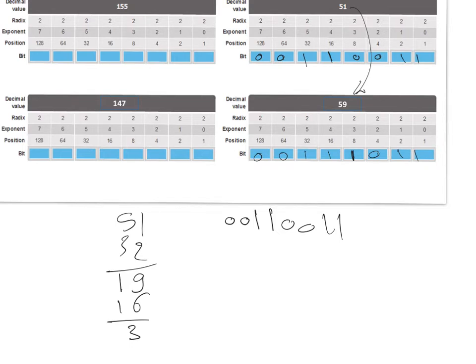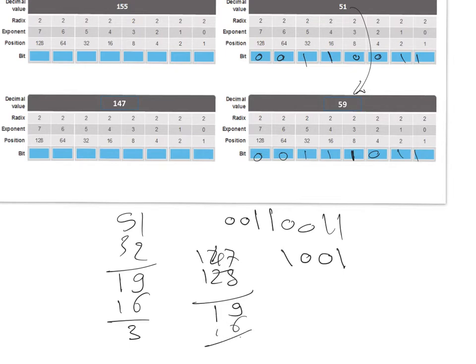Okay? 147, let's do 147. 147 is more than 128, so it's 1. 147 minus 128 is 19. So again 19: it's not more than 64, it's not more than 32, it's more than 16.